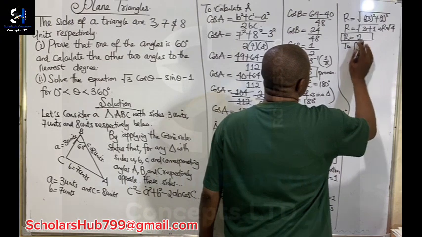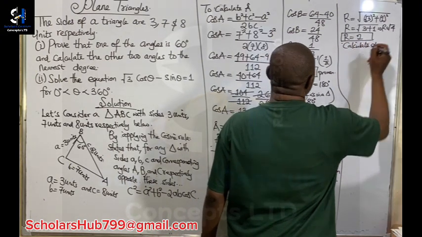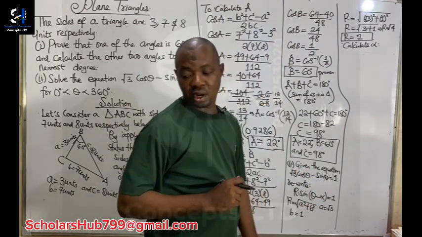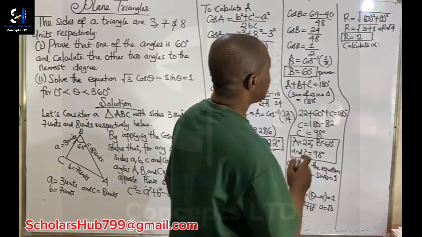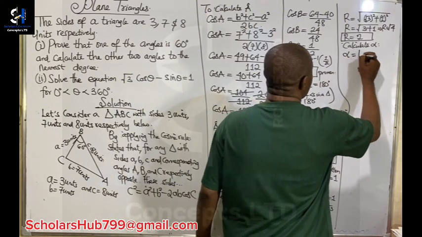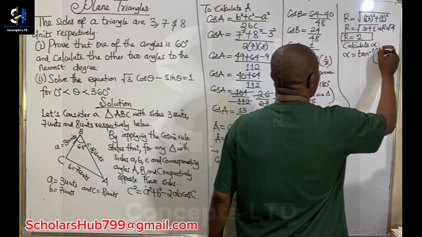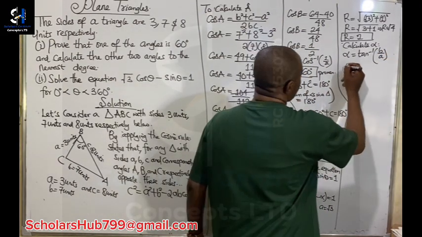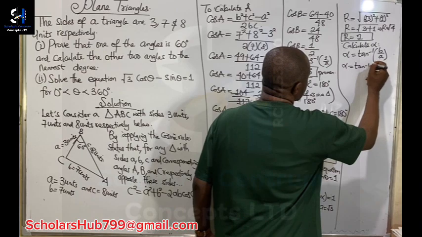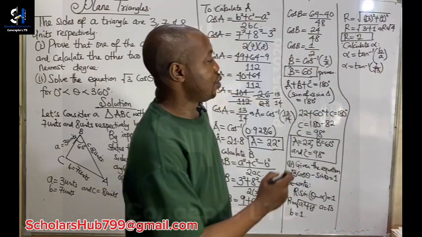Now to calculate alpha, we're going to use alpha equals the tan inverse of b over a. We know that b is what? 1. So alpha equals the tan inverse of 1 over root 3.